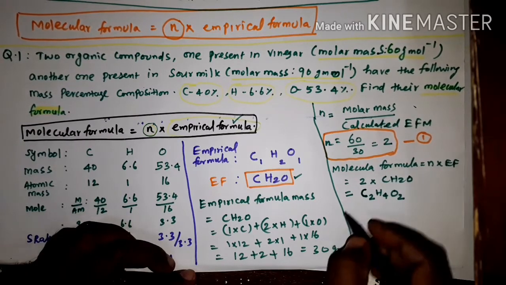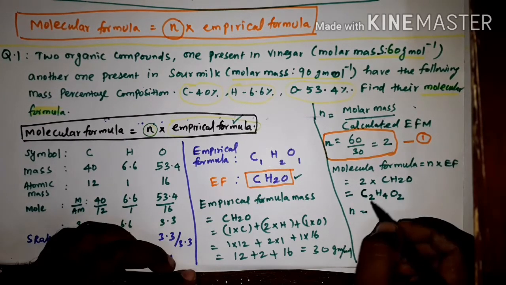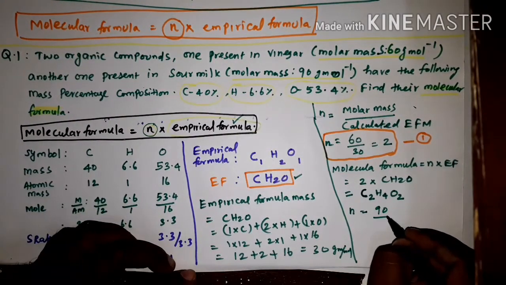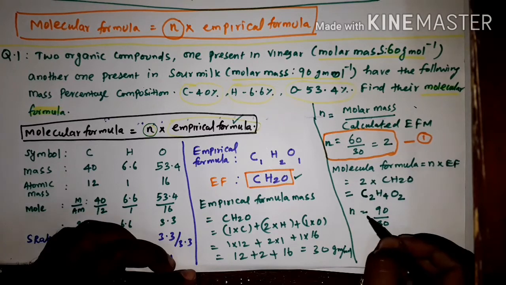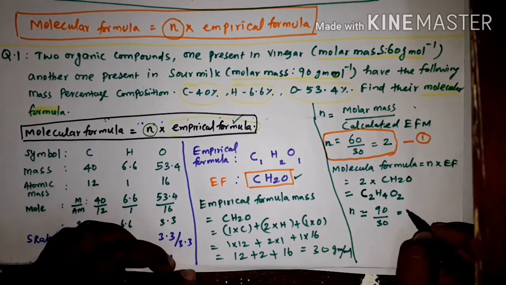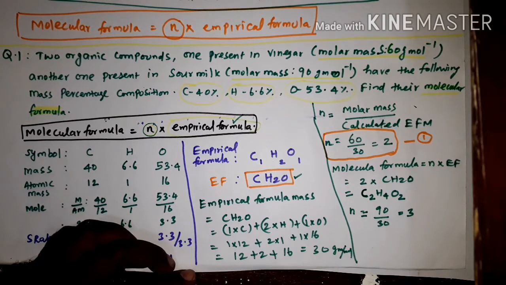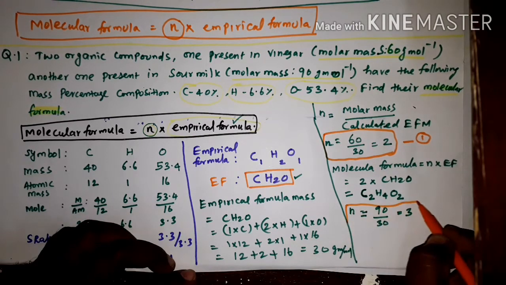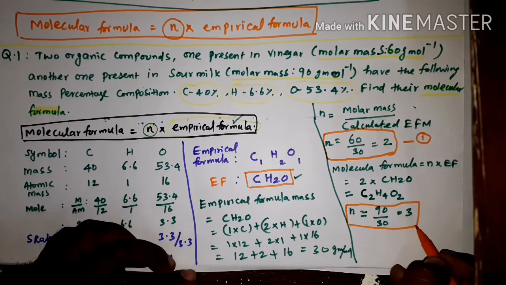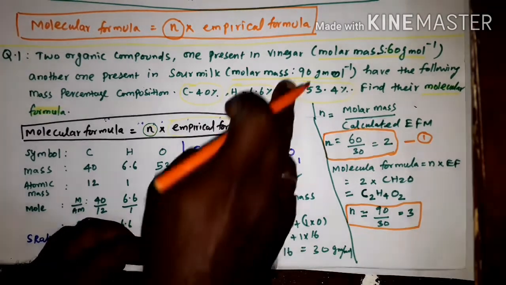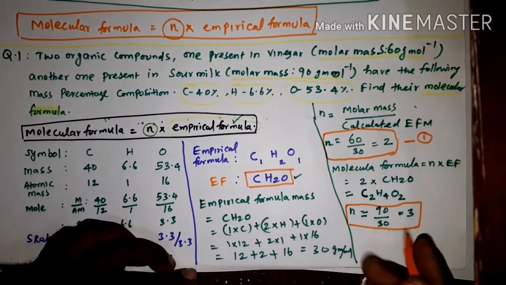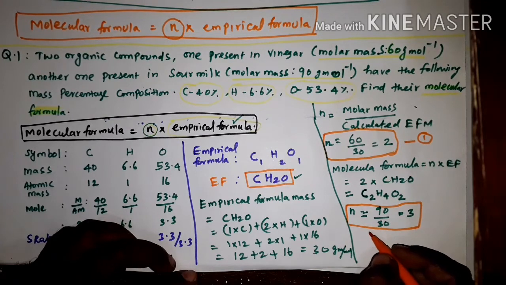Now the second one, n equals, what is the molar mass given? 90 divided by what is the empirical formula mass? 30. So you will get 3. This is the whole number for the second compound. The empirical formula is the same for both compounds, but the molar mass is different, so you will get 2 different whole numbers. Now multiply this n with the empirical formula.